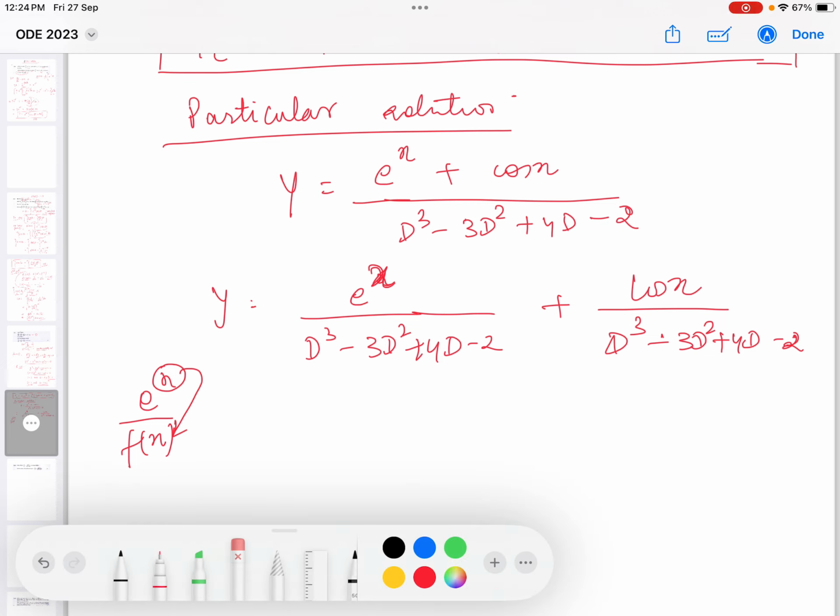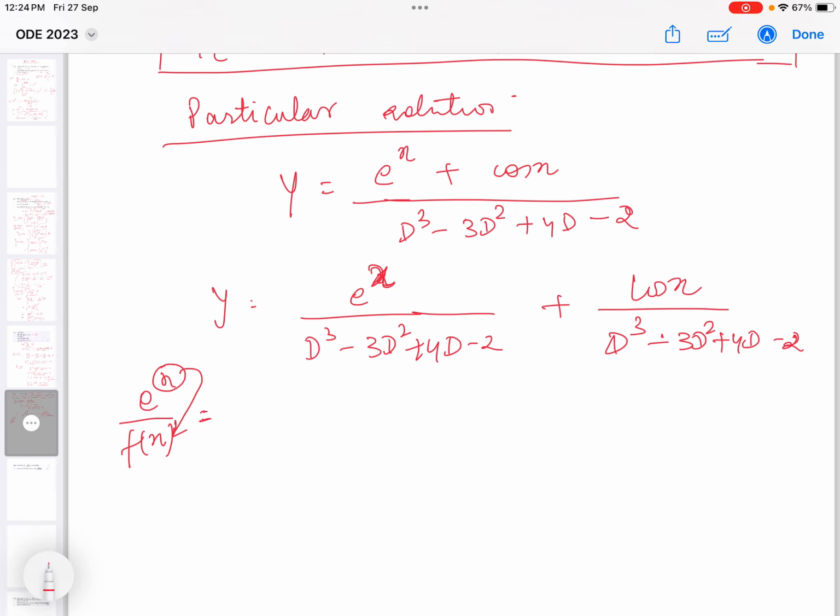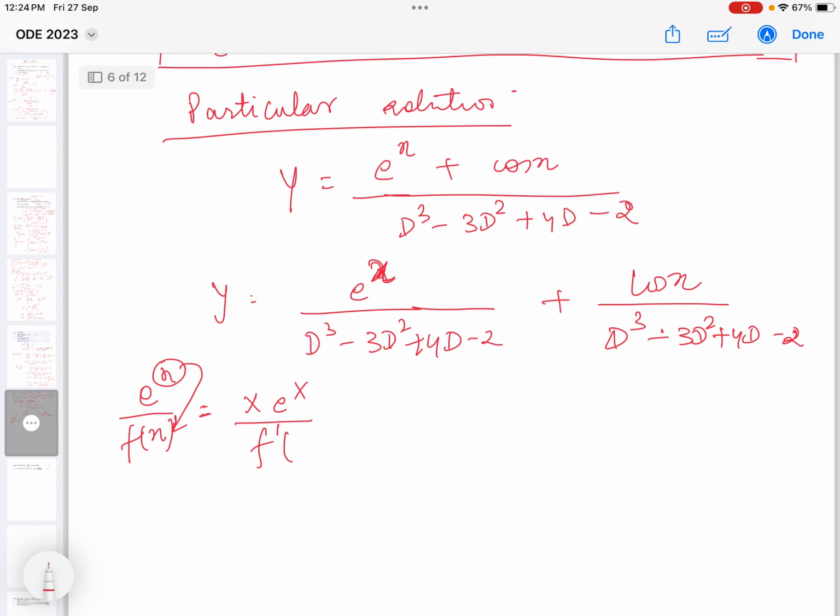You might have read that in order to solve such a problem, we put x e to the power x and just differentiate the denominator and again put the coefficient, if f of a equals 0, then we proceed like this. Similarly we try to solve for this part.